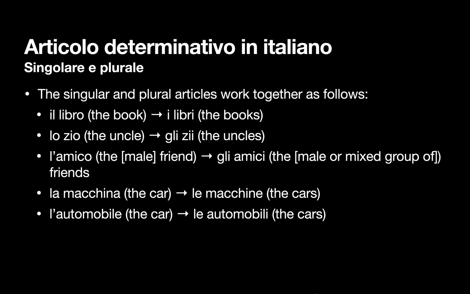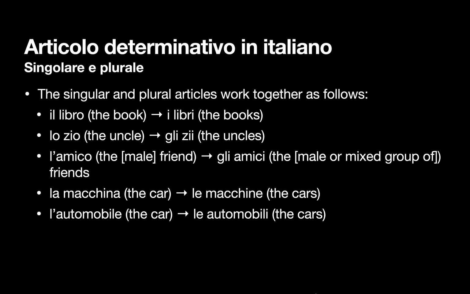So the article il in the singular becomes i in the plural. Lo zio, the uncle, then becomes gli zii, the uncles. So lo in the singular becomes gli in the plural.